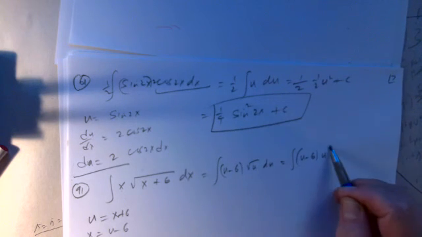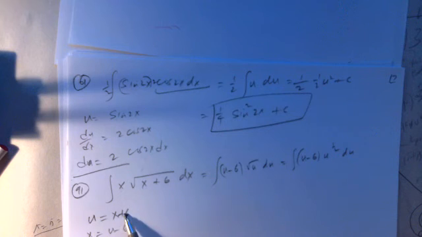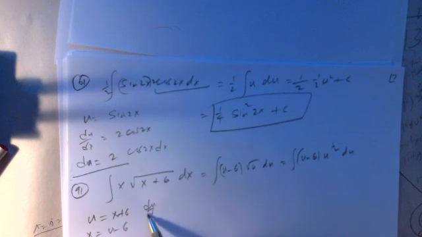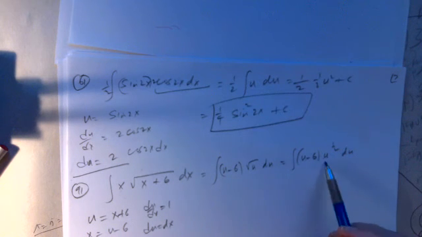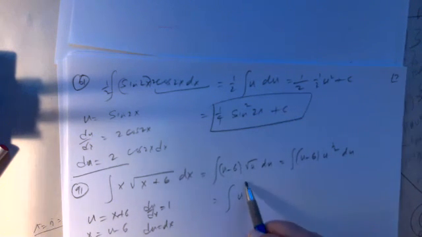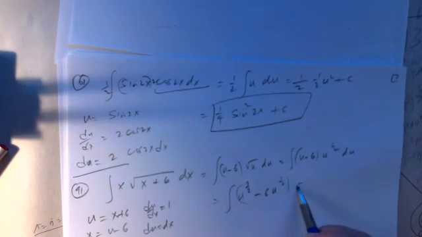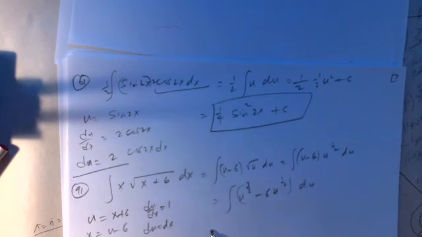Square root of u is u to the 1/2. Sorry, if you let u equal x plus 6, du dx is 1. So du equals dx. So this is the integral of u times u to the 1/2 is u to the 3/2 minus 6u to the 1/2 du. And now we're just integrating powers of u.